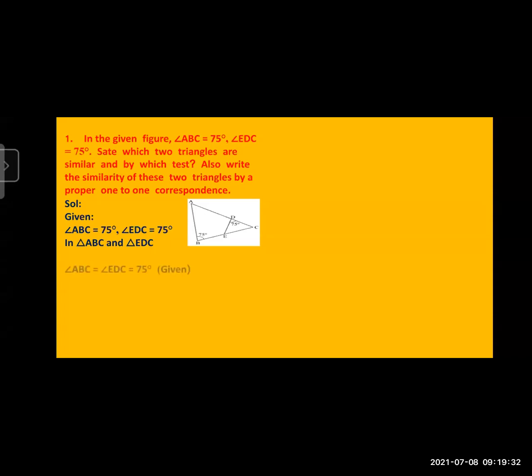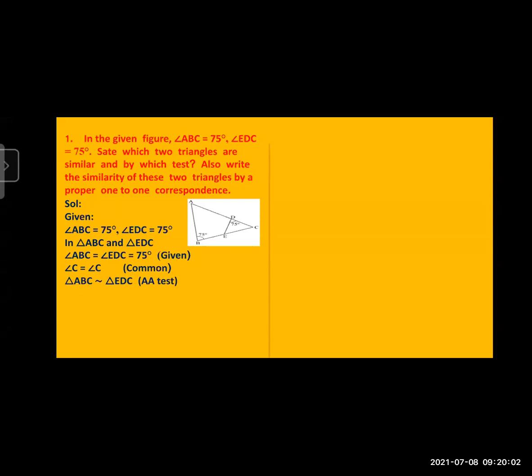Both angles are equal to 75, that is the given condition. Angle C is equal to angle C, that is the common angle. In both triangles, C is the common angle. So one is equal to 75 and the second is the common angle. Therefore, triangle ABC is similar to EDC by which test of similarity?